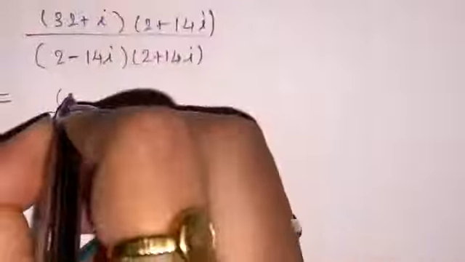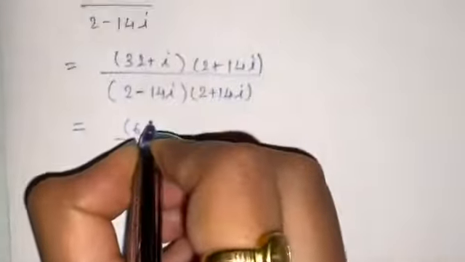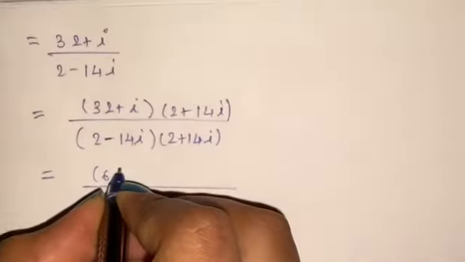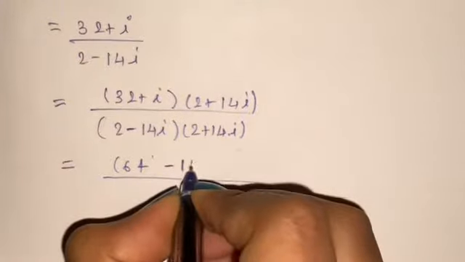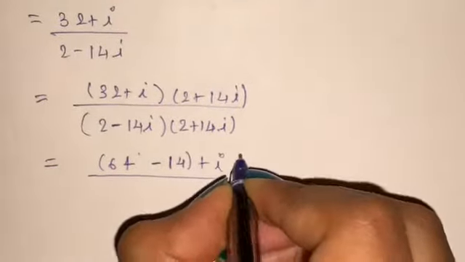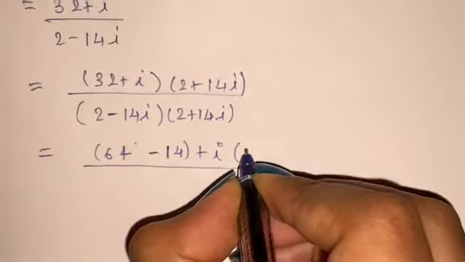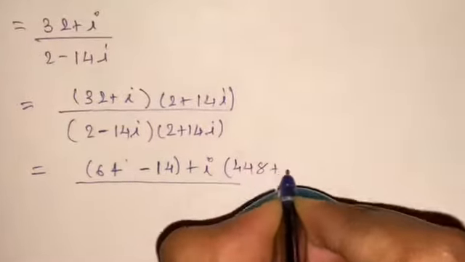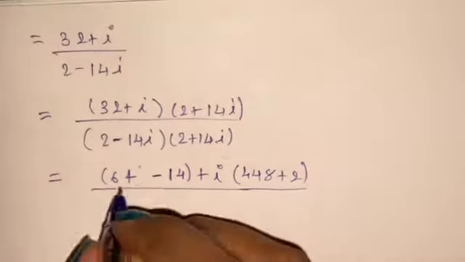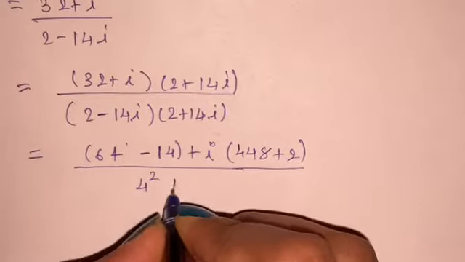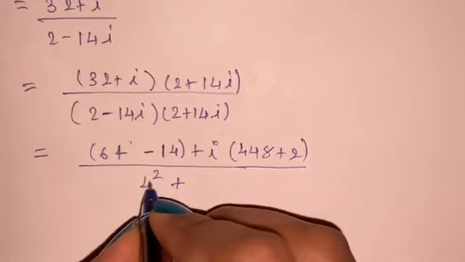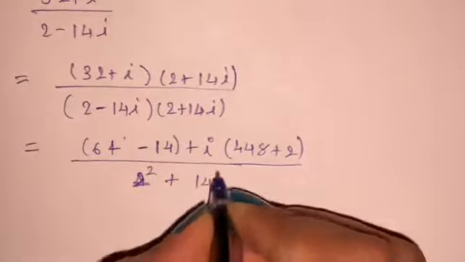So you will get 64 minus 14 plus i, 32 into 14, 4, 4, 8 plus 2. The whole divided by 2 squared plus 14 squared, 2 squared and 14 squared.